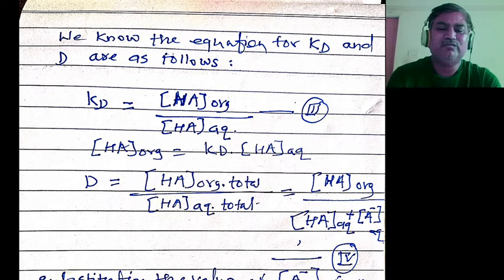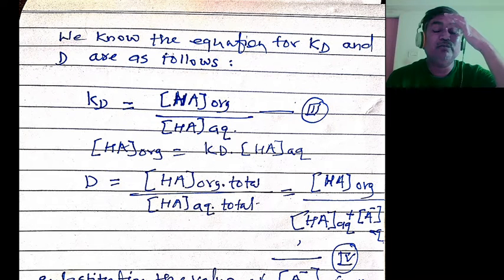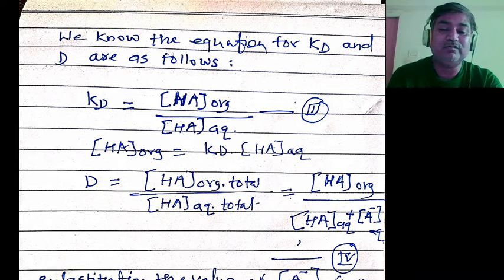It is the ratio of weak acid in organic phase divided by weak acid in aqueous phase. The same equation can be rearranged as concentration of weak acid in organic phase equal to Kd into concentration of weak acid in aqueous phase. Right? This is equation 3.